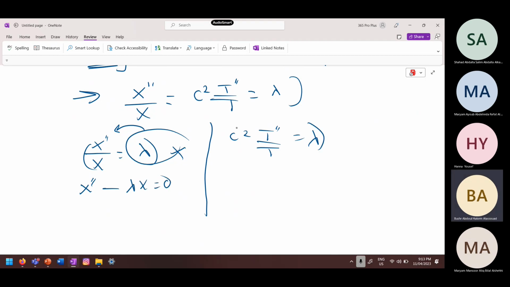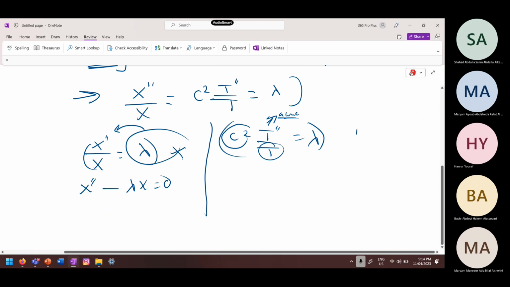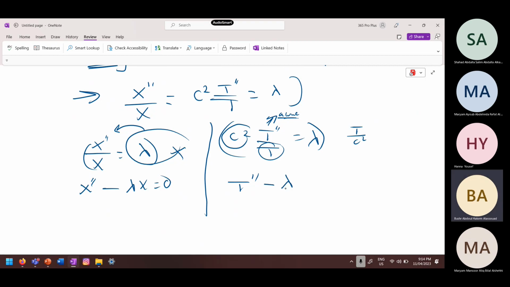As for this, multiply with T over c square. Remember that you want to keep the double prime alone, always, for all cases. So this will give you T double prime minus lambda over c square T equal to 0.